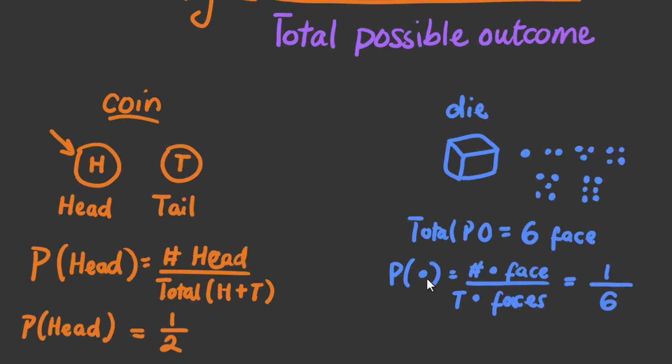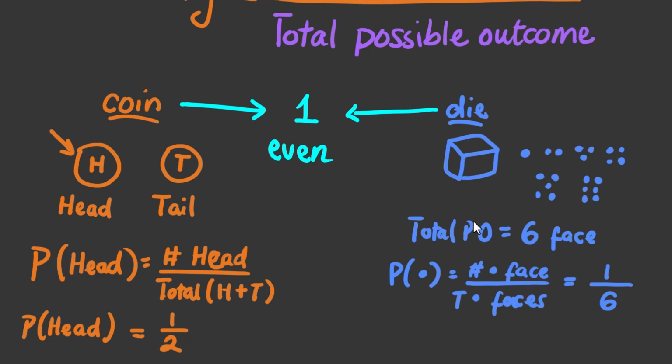The probability of getting a 1 dot face is 1 out of 6, and that is how probability works for a one event scenario, looking at a coin and a die.